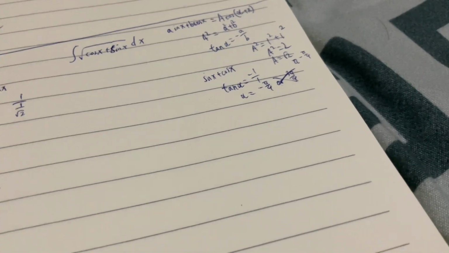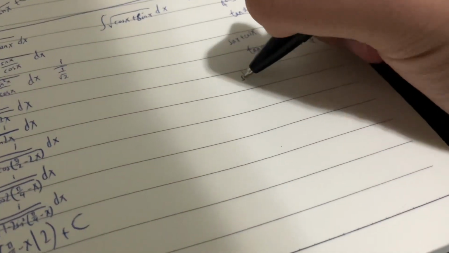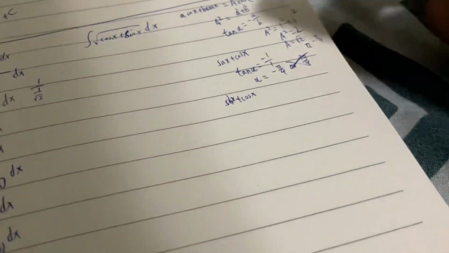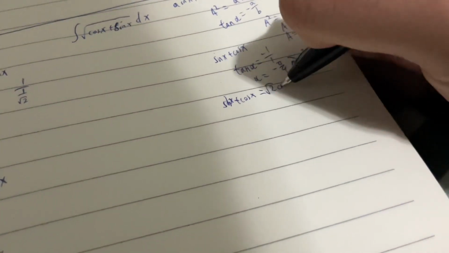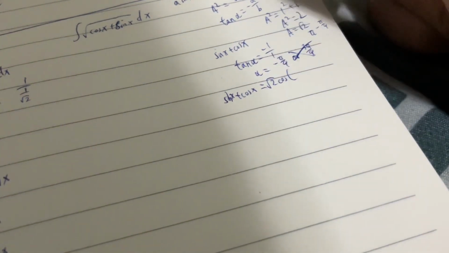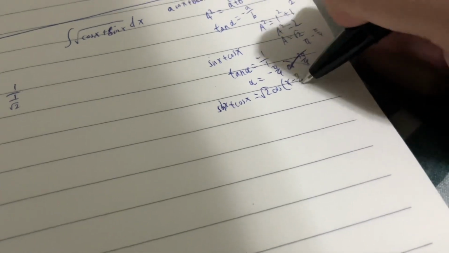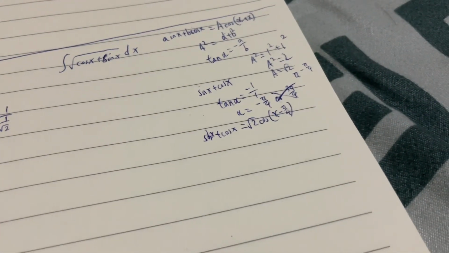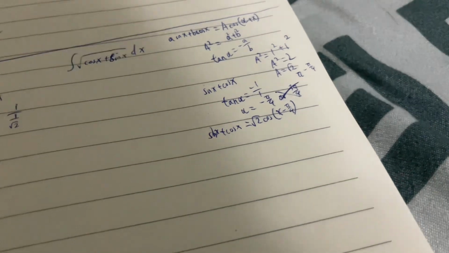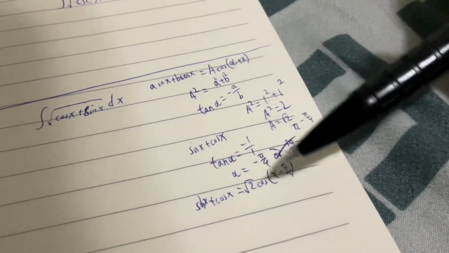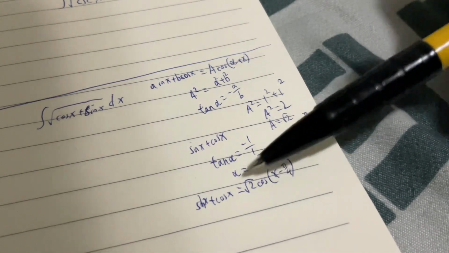So you just combine sin x plus cosine x. You just use root 2 cosine of x minus pi over 4, like this. And as I mentioned before, this is not the only way you can do this.